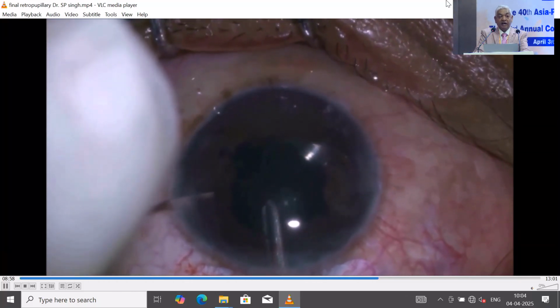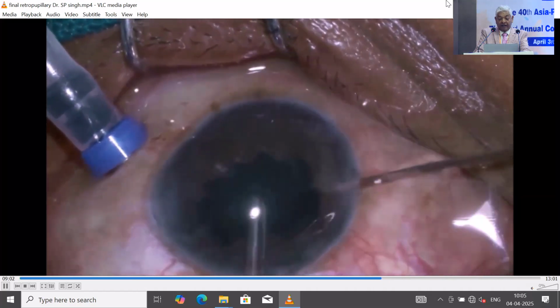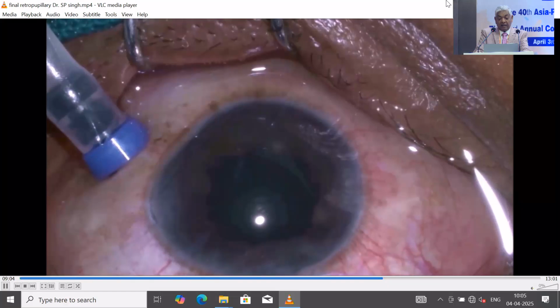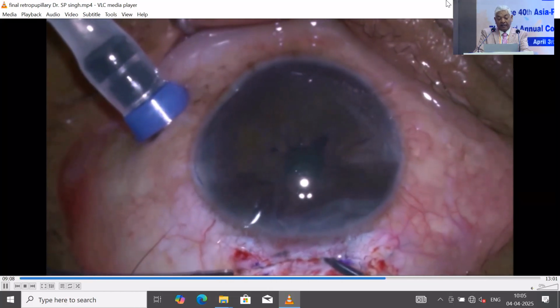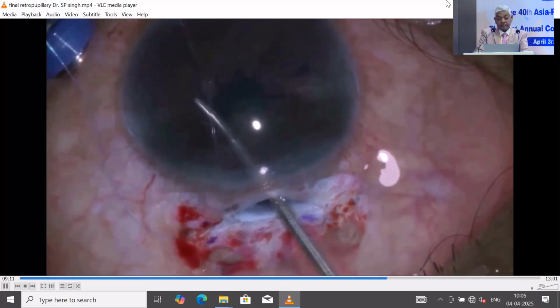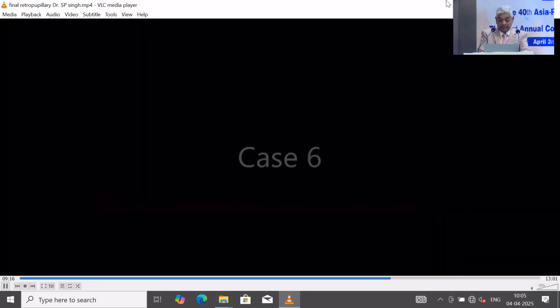This is such a dilated, difficult case, and after enclavating the iris claw lens, you can tie the suture, and you can see the post-operative picture. Now, another one or two difficult cases.